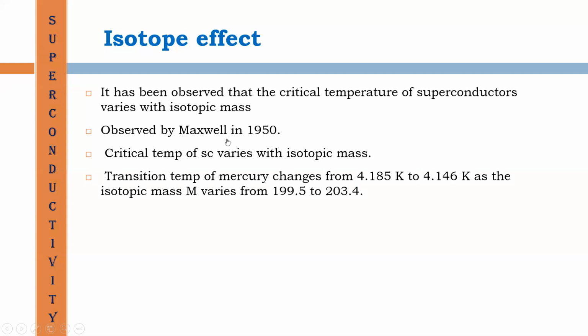Maxwell observed that the transition temperature, or the critical temperature, of mercury changes from 4.185 Kelvin to 4.146 Kelvin as the isotopic mass M varies from 199.5 to 203.4.